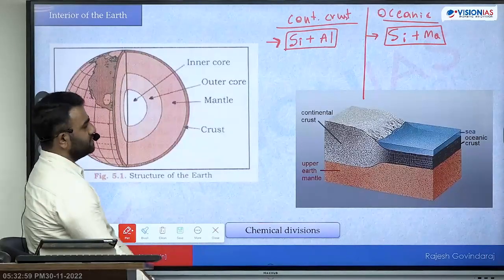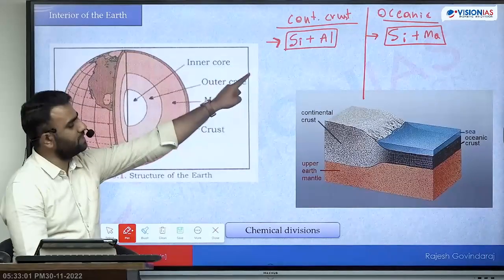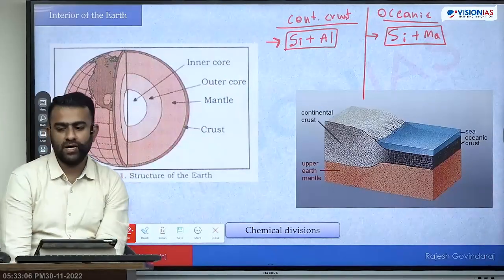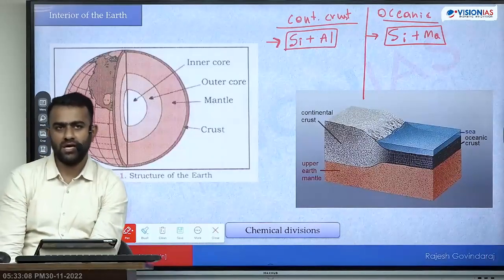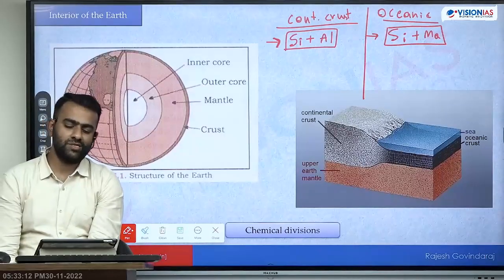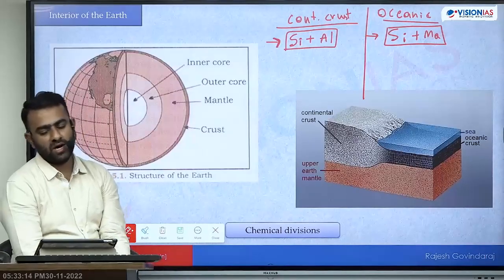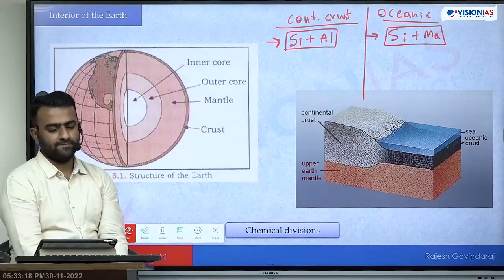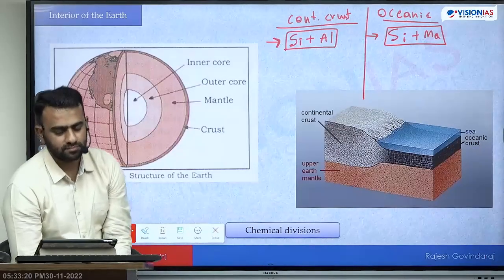The first difference, it is called Sial layer. Continental crust is called Sial, Si plus Al, Sial layer. Oceanic crust is called Sima layer, Si plus Ma.